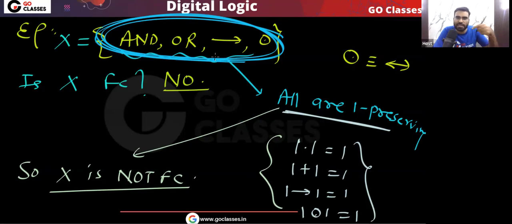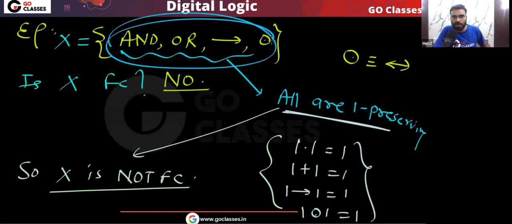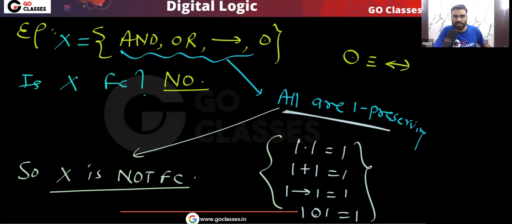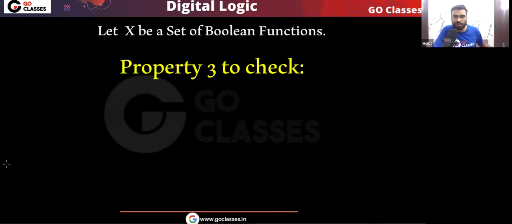You will keep checking the possibilities, but you will not be able to create NOT. And now you can have 100% confidence that your answer is correct, because all of them are one preserving. So I can say this X is not functionally complete. Is this clear? Very simple. Now let's move on.